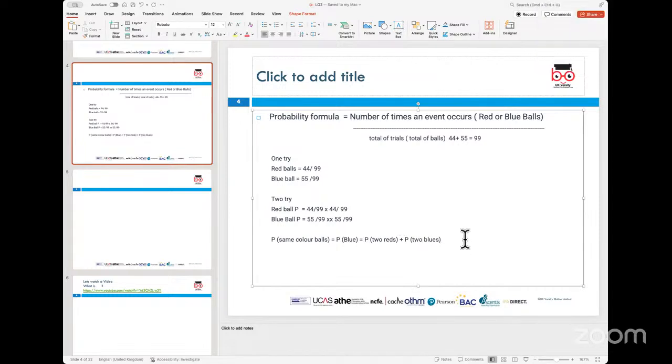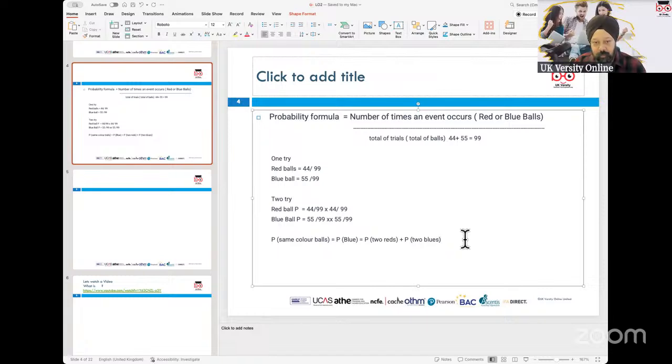Yeah. So now what we want to be able to do is, using this formula P equal to, we know what is the number. So if I use a calculator here, 44 times 44 over 99 times 99. 44 times 44 is 1936, divided by 99 into 99, and that's 9801.